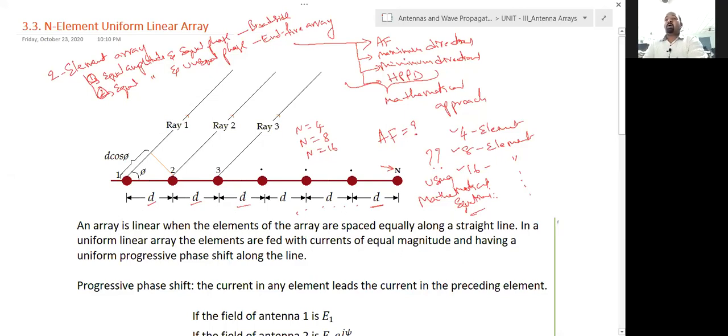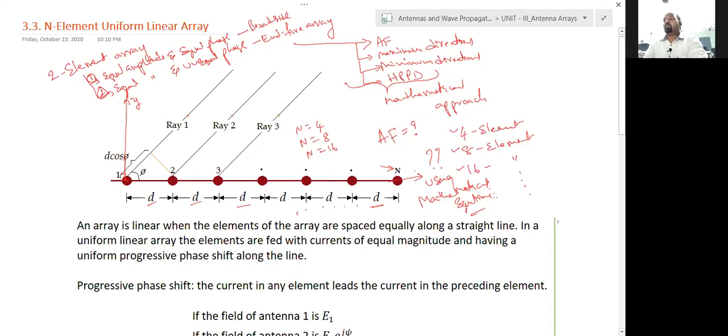And here, let us say this is the x-axis and this is the y-axis, and this is the origin.